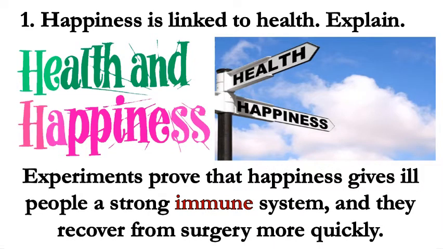Yes, experiments prove that happiness gives all people a strong immune system. If we are happy, that helps people to have a strong immune system and they recover from surgery more quickly.